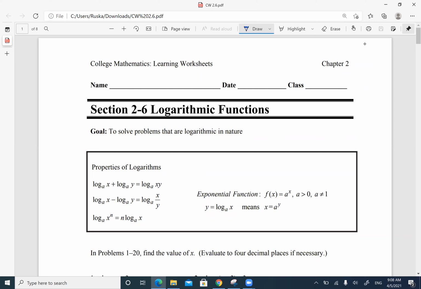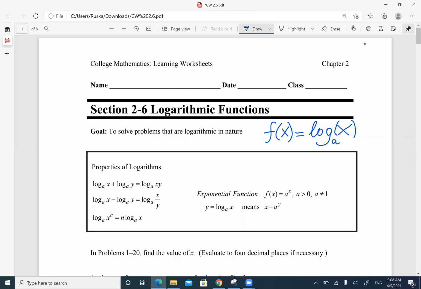Okay, and this is how the logarithmic function looks. If you have the function f of x equals logarithm with base a of x, you can put x in parentheses or no parentheses, it doesn't matter. The a is the base, the number written a little down, and x is the exponent.